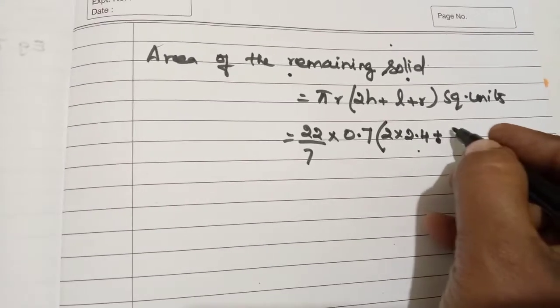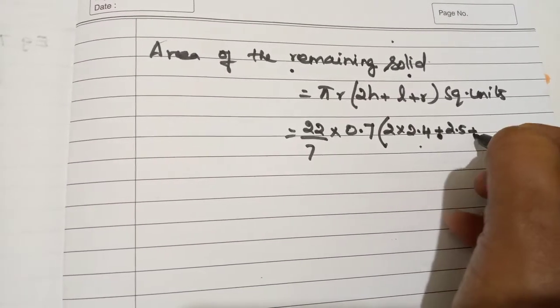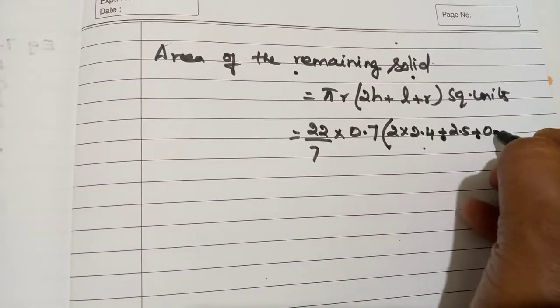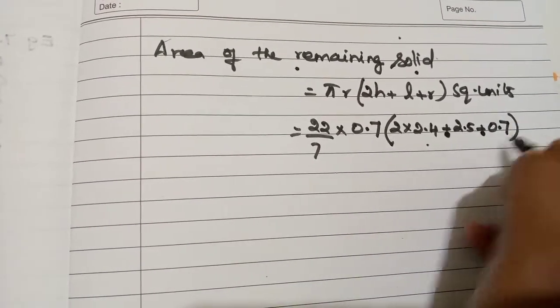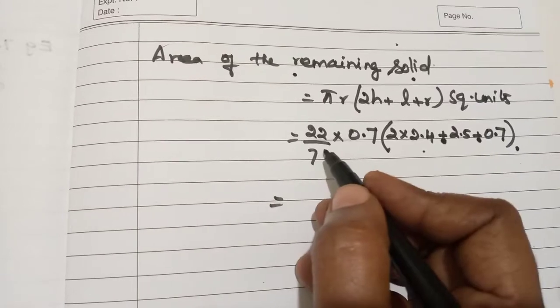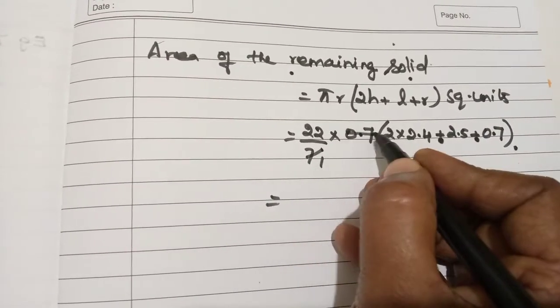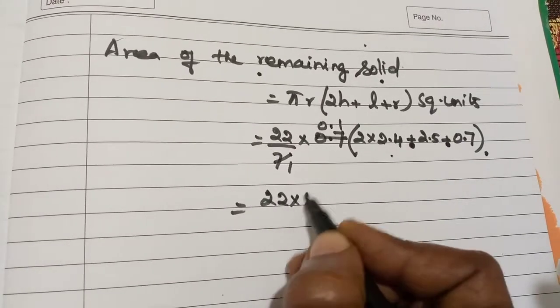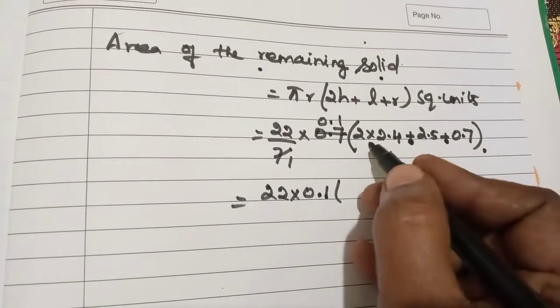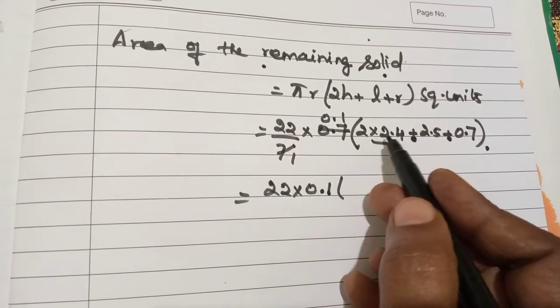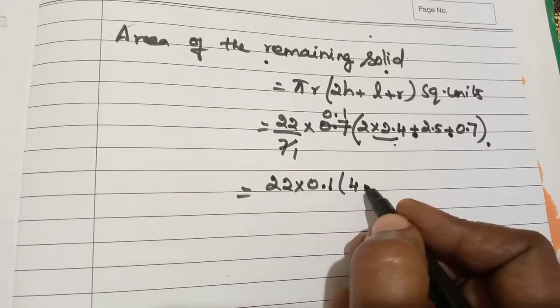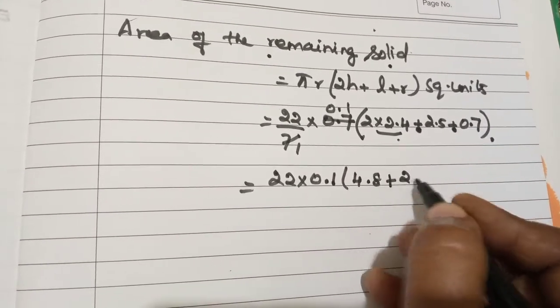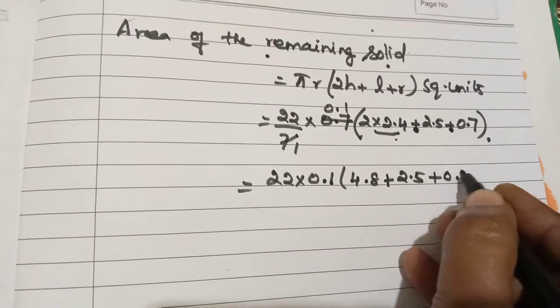Just now we found 2.5, plus the R value 0.7. Here the 7 cancels, and 0.1 remains. Remaining 22 into 0.1, and 2 into 2.4 is 4.8, plus 2.5 plus 0.7.